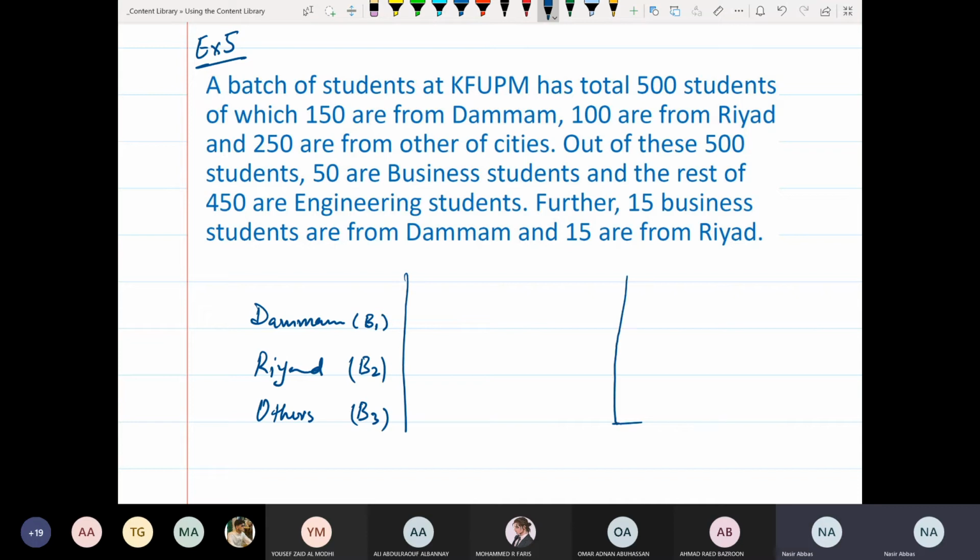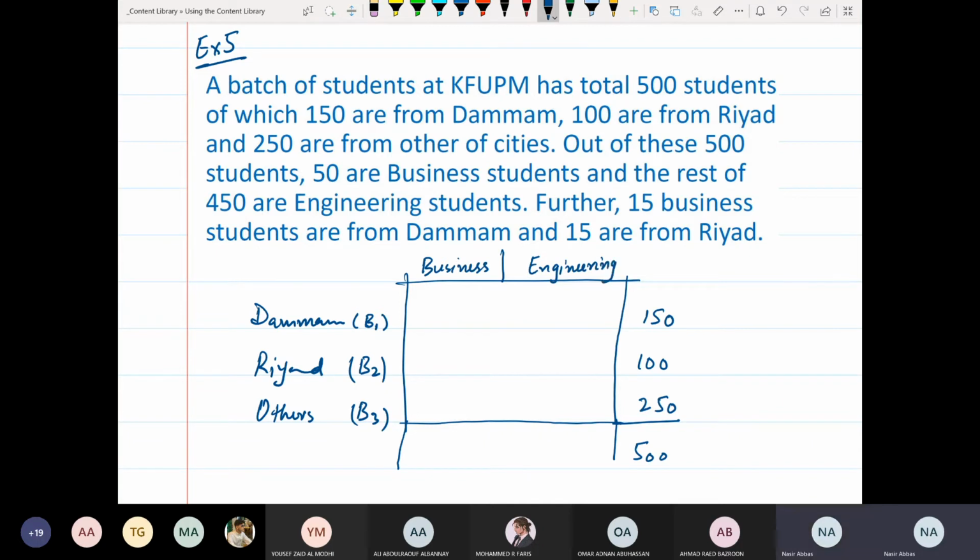Out of 500, the overall total of the table will be 500. The question tells me that there are 150 from Dammam, 100 from Riyadh, and 250 from other cities. Another way of categorizing defined in the question is according to the major of the student, so that comes on the top: either you are a business student or an engineering student.